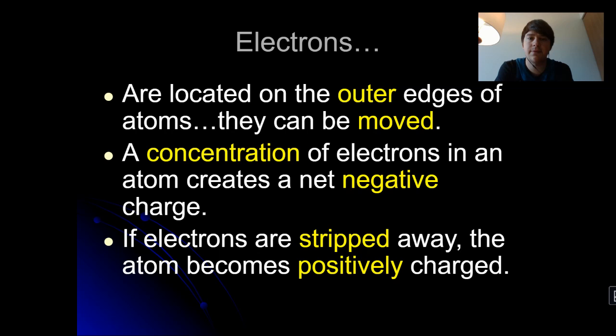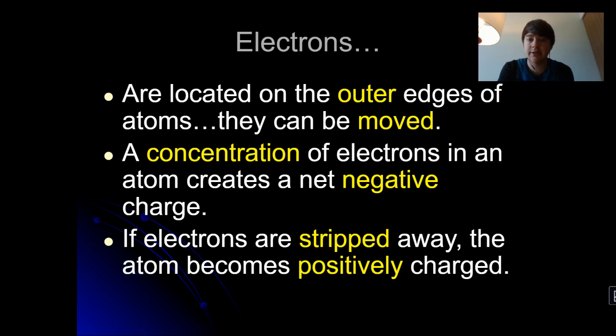Electrons are going to be on the outside, and they actually can be easily moved. And that's essentially what electricity is: the movement or the flow of those electrons. So a concentration of electrons in an atom gives a net negative charge. Typically, electrons and protons are going to have the same amount.